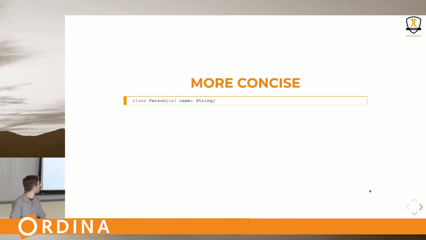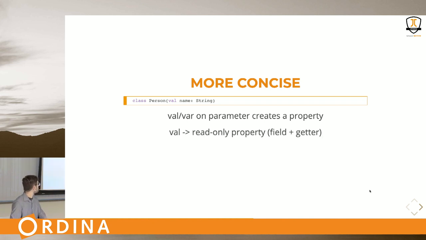So this is a more concise way, basically a recap of what I just showed. If you provide val or var, it creates an immutable or mutable property. If it's a val, then it will also generate a getter behind the scenes. Now, in Kotlin, you don't do get or set.